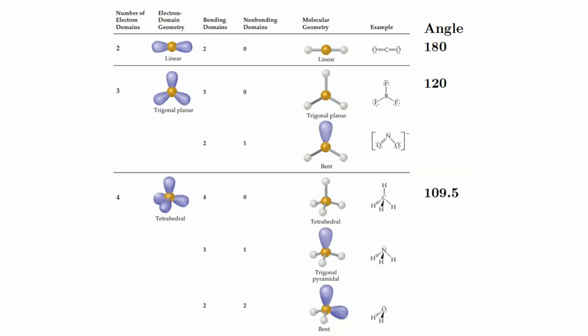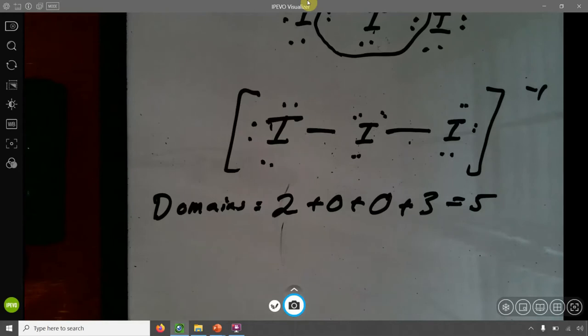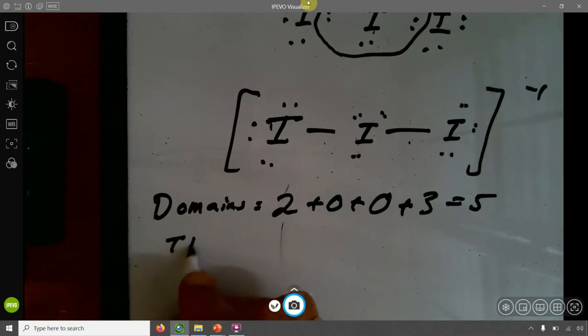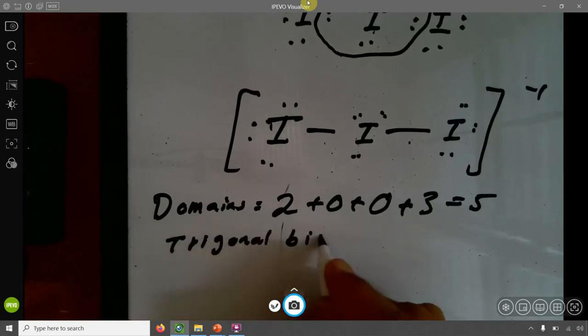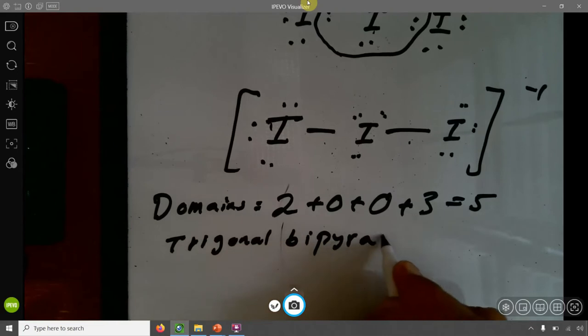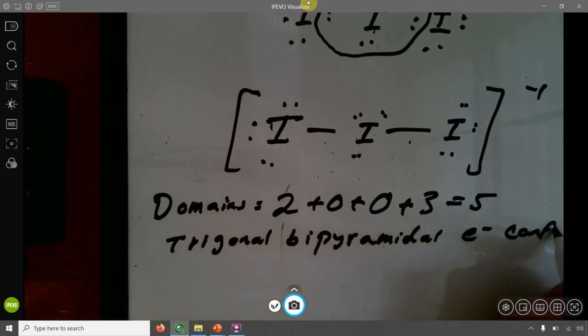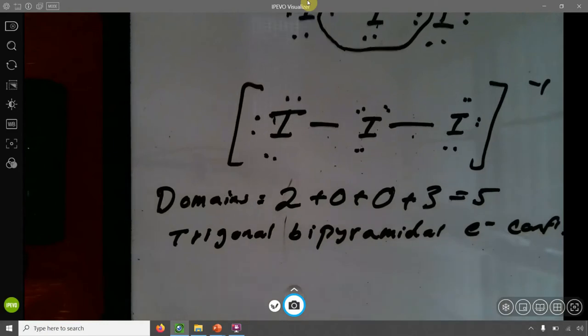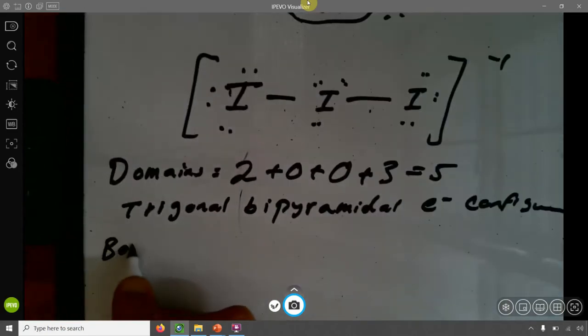So I look at my table. 5 domains, now it's trigonal bipyramidal electron geometry. Okay, now I got to look at my bonding domains.